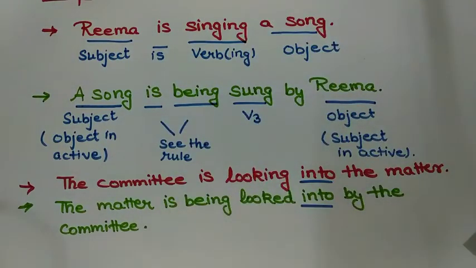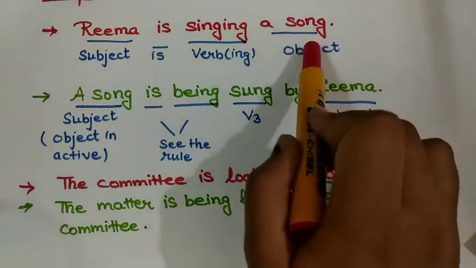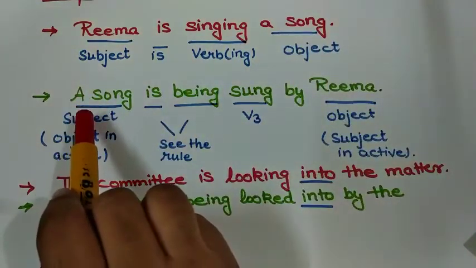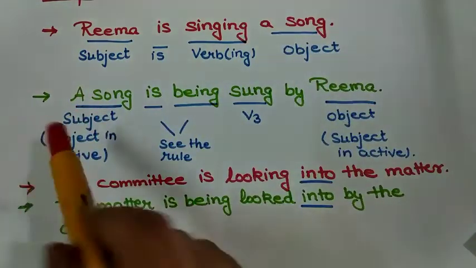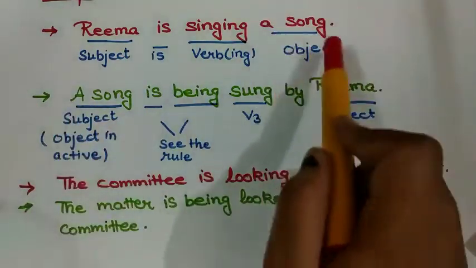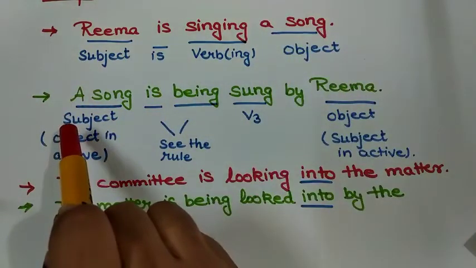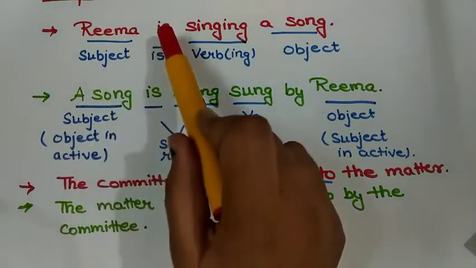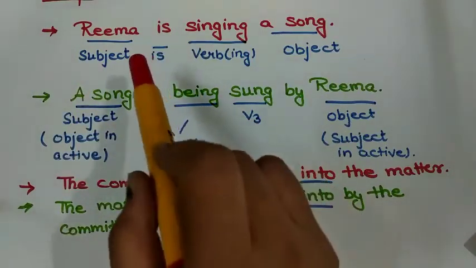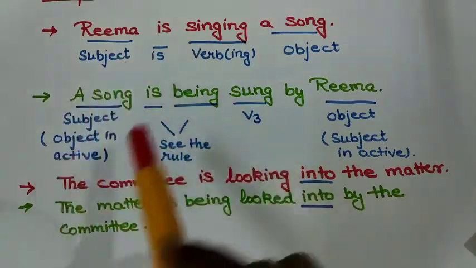When we convert this into present continuous passive, we can see that according to our constructional formula, this object should come here at the place of the subject. So a song, this object, is now acting as a subject, and is is again a helping verb.